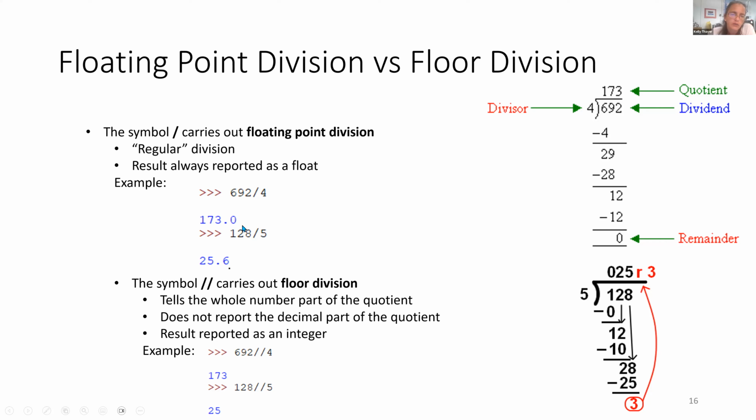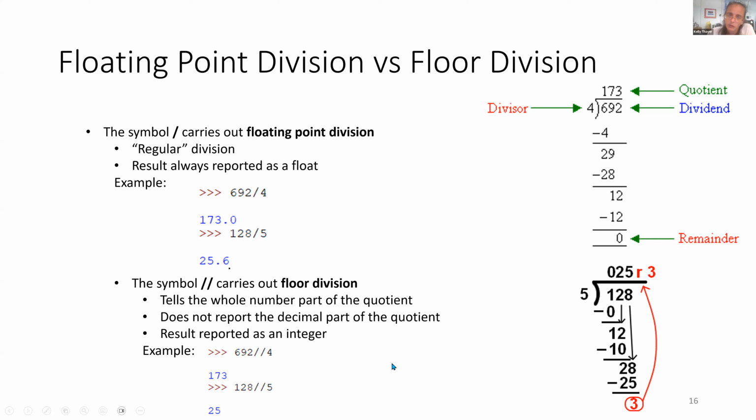So here we got 173.0, although we didn't need it, and here we get the 128 divided by 5 is 25.6. The double slash symbol carries out the floor division. This tells us the whole number part of the quotient. How many whole number times does 5 go into 128, for example?